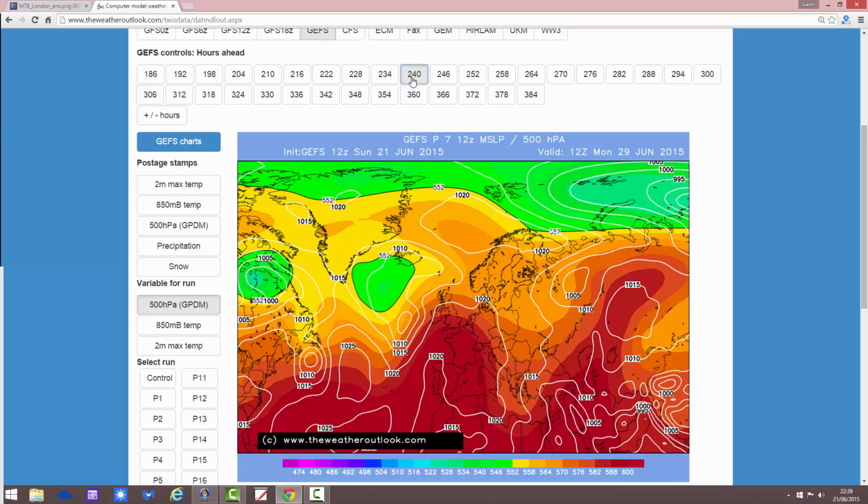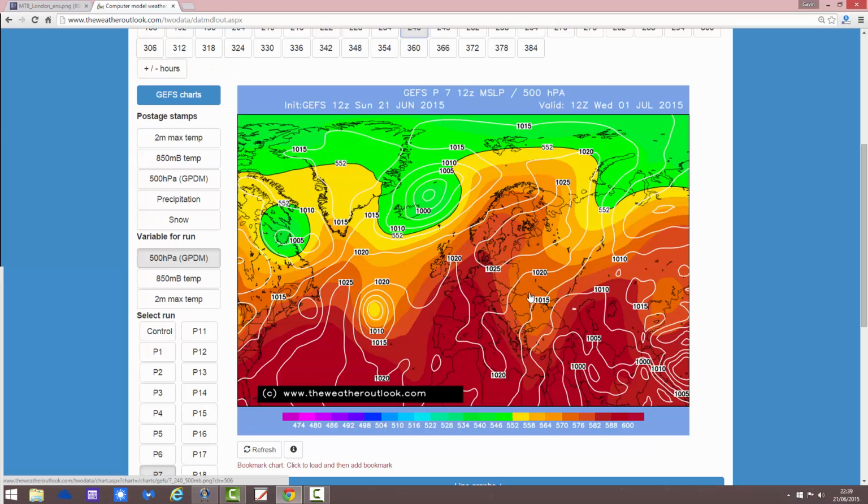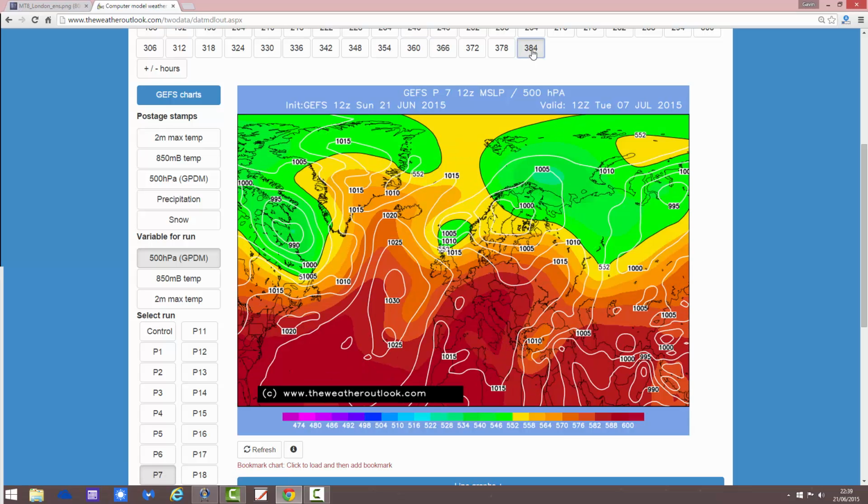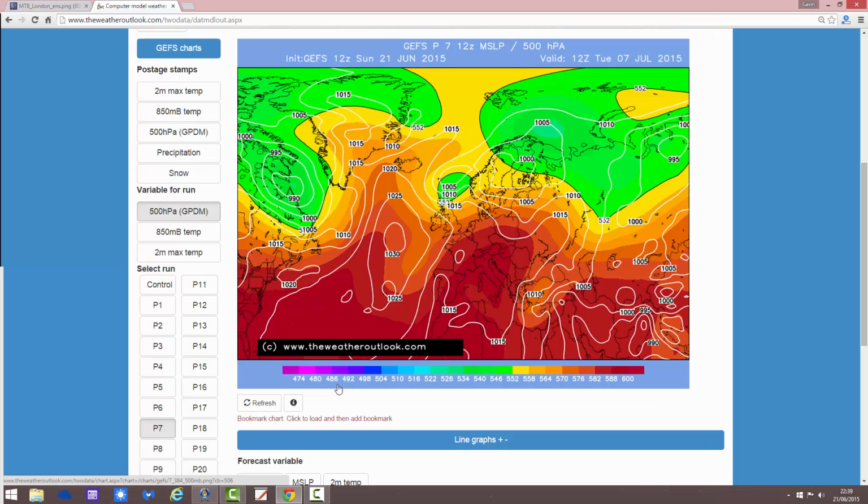Let's have a look at day 10, 240 hours away. High pressure remains quite well in control, although maybe some low pressure perhaps brings some thundery showers from the south. How does ensemble member number 7 end? And this is how it ends, very different to P number 1. P number 7 ends with high pressure out in the central part of the Atlantic, and this area of low pressure coming down from the north, possibly bringing cooler air and rain across the country.